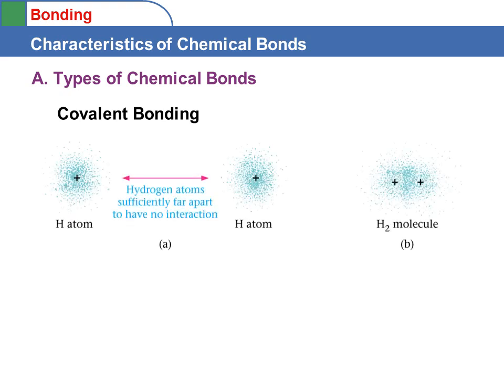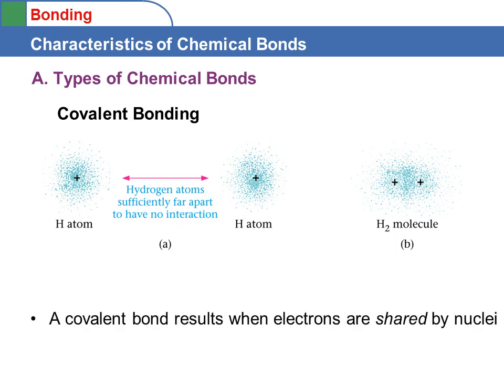On the other hand, covalent bonds are formed when we have two atoms that both want more electrons. So remember, metals are losing electrons, nonmetals are gaining electrons. So if we have two nonmetals, both of them want more electrons. If we get two hydrogen atoms close enough together, because they want to look like the noble gas on their row, helium, they would like to have a total of 2 electrons.